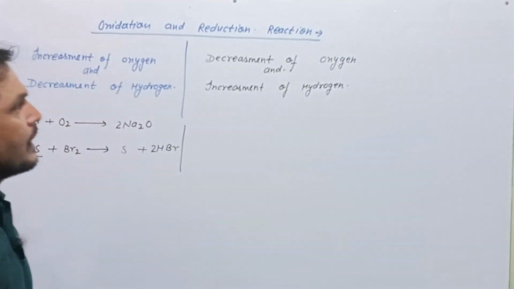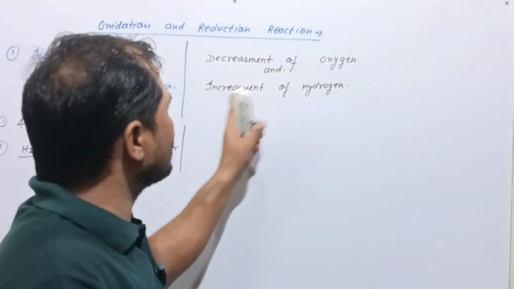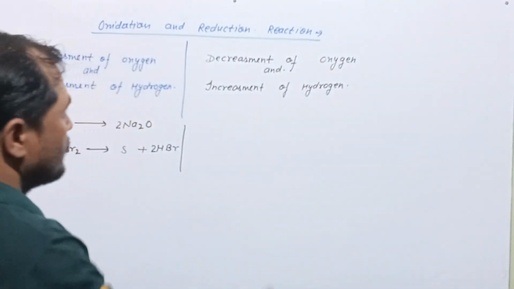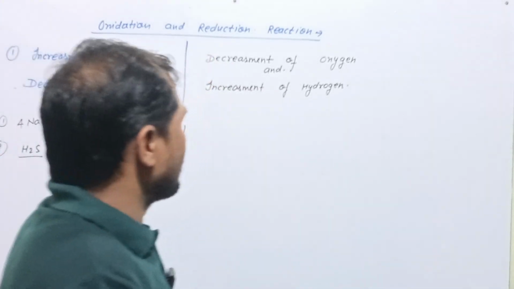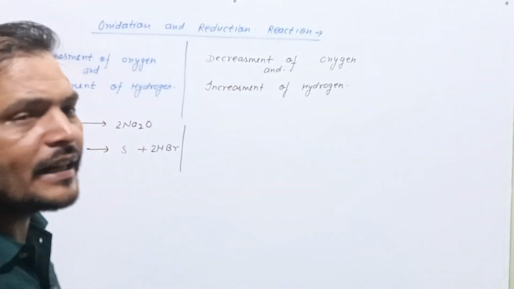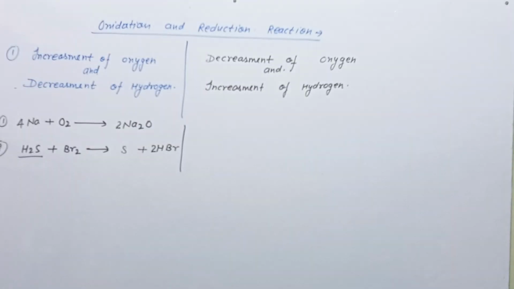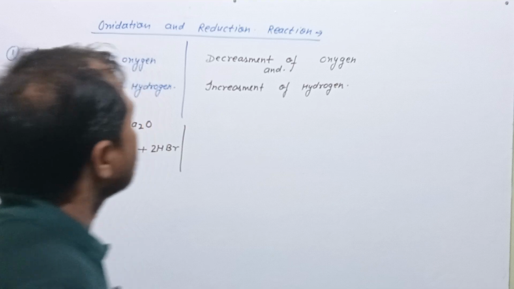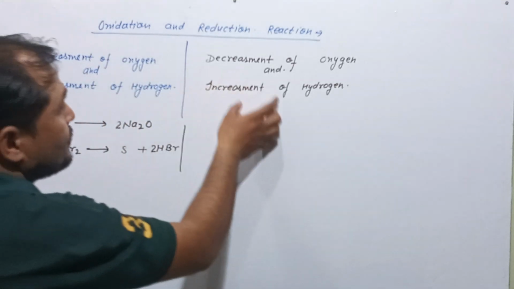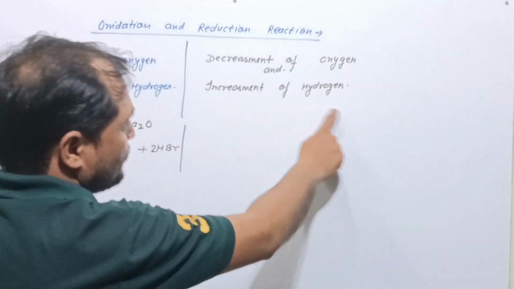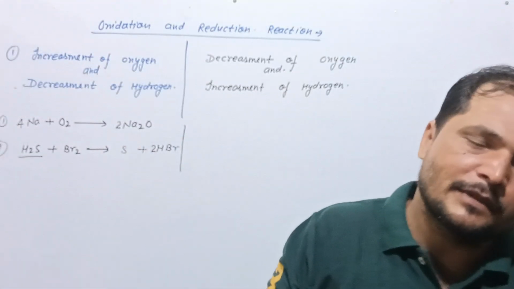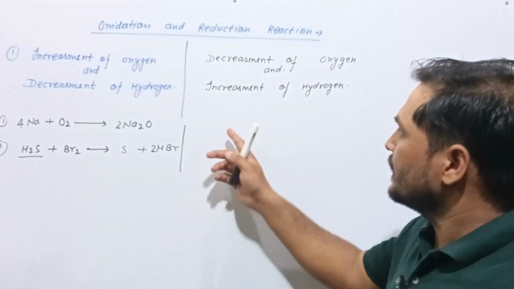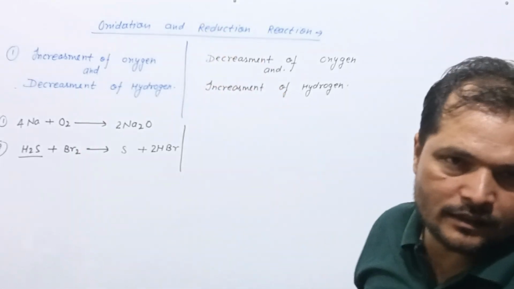If we find in any chemical reaction a decrease of oxygen and an increase of hydrogen, then we can say that the type of chemical reaction is a reduction reaction.